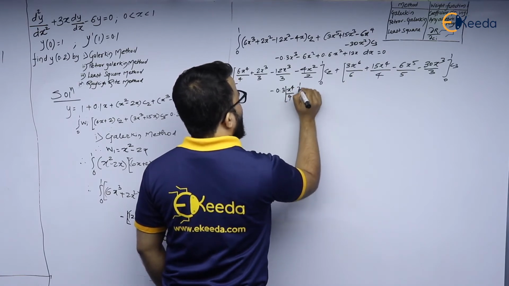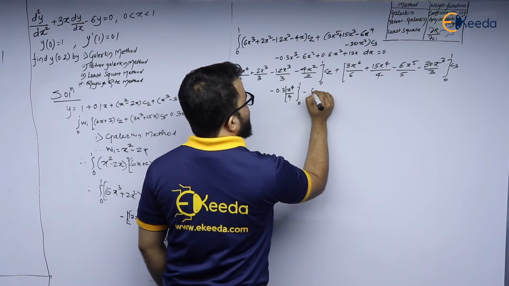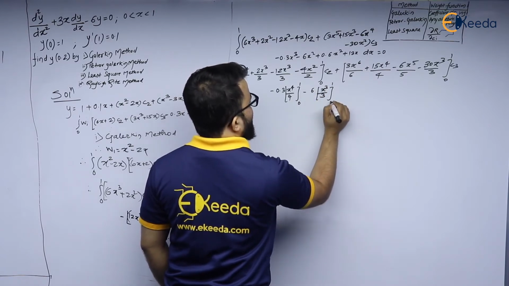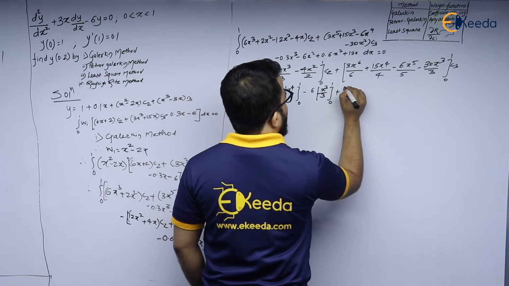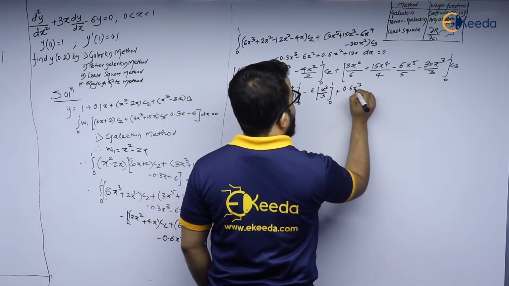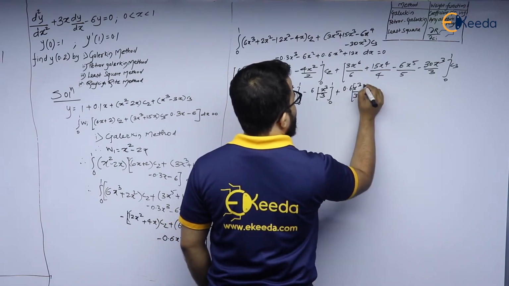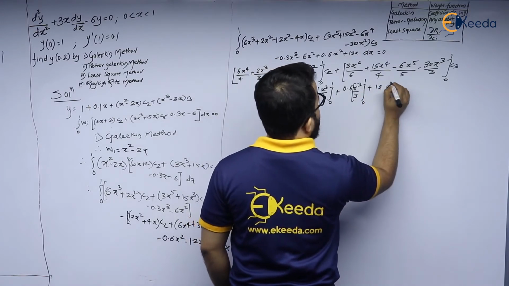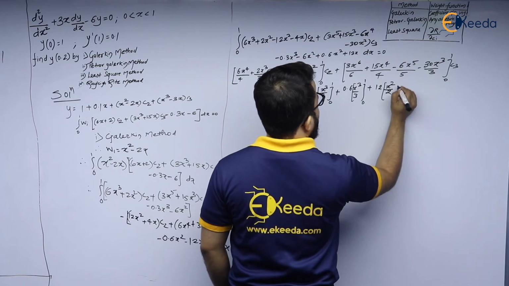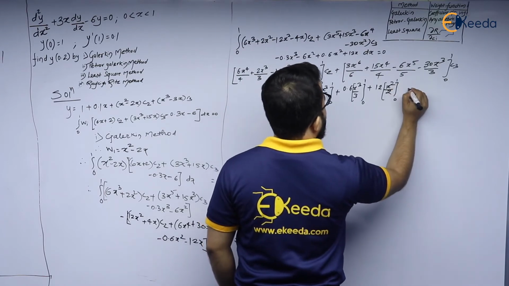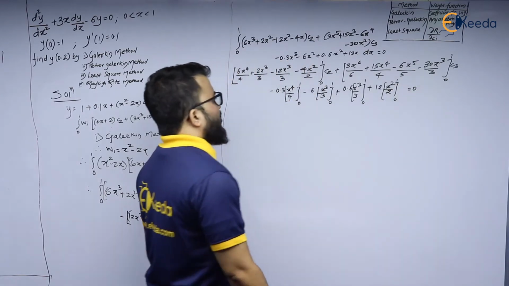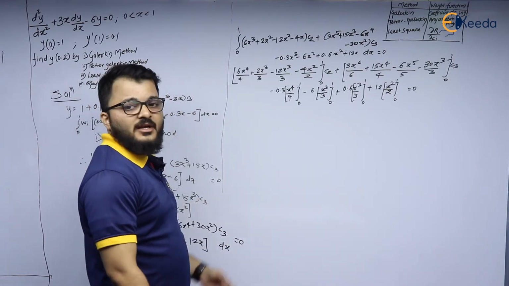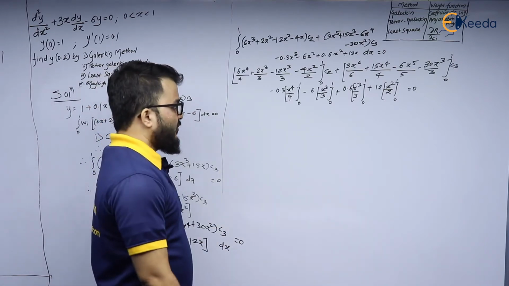So this is our upper limit or lower limit. 6x cube upon 3, 0 to 1, plus 0.6x cube upon 3, this is also 0 to 1, and plus 12x square upon 2, 0 to 1 is equals to 0. Now I will put upper limit and lower limit in this equation by using the upper limit minus lower limit formula.